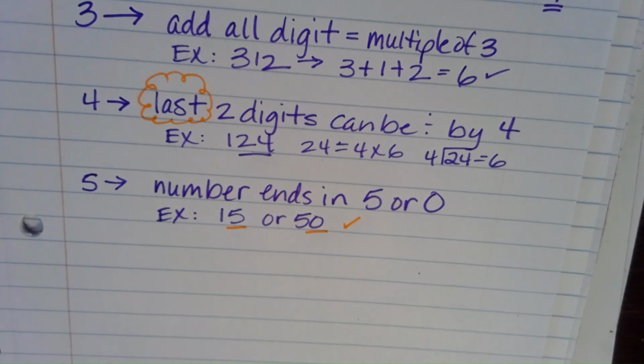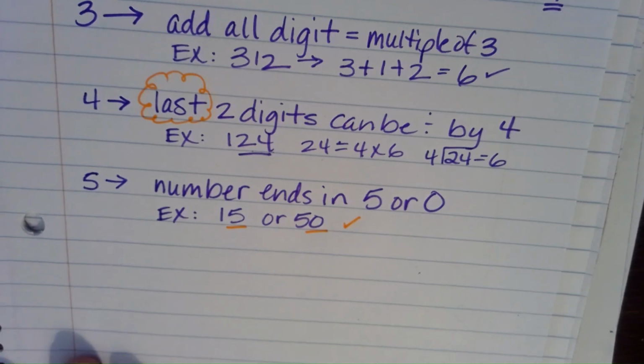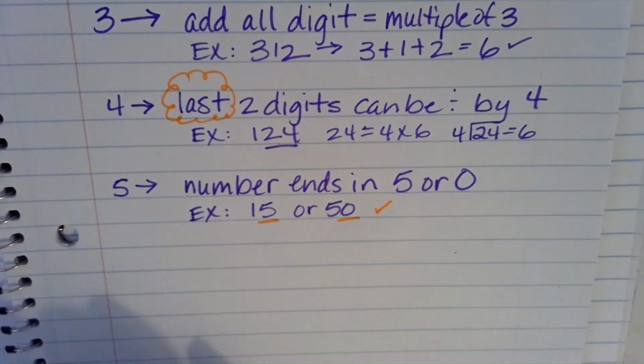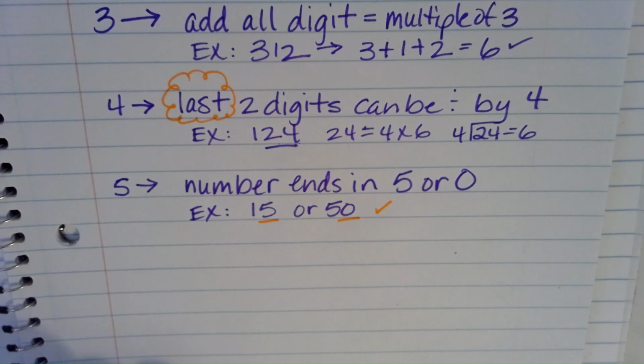Question, Clarabelle? Go ahead. Why are you teaching us tricks? Because, as I said earlier, knowing if a number is prime or composite is going to help you figure out common factors between numbers.